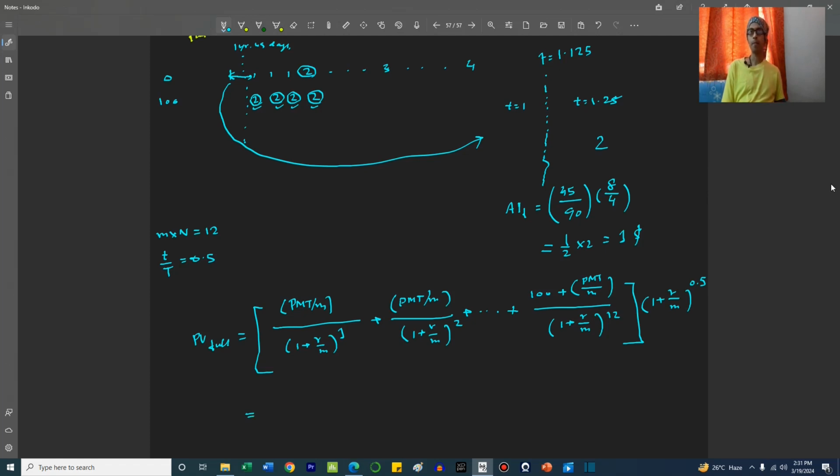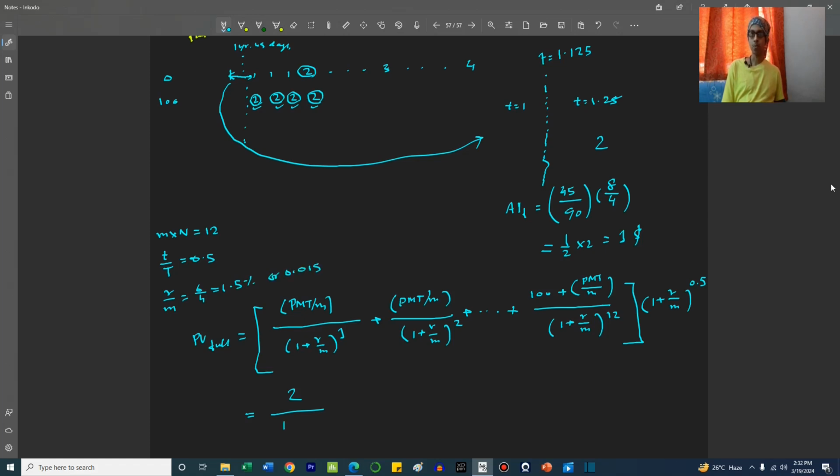PMT by M is 8 by 4, that is 2. R by M is equal to 6 by 4, which is equal to 1.5% or 0.015.